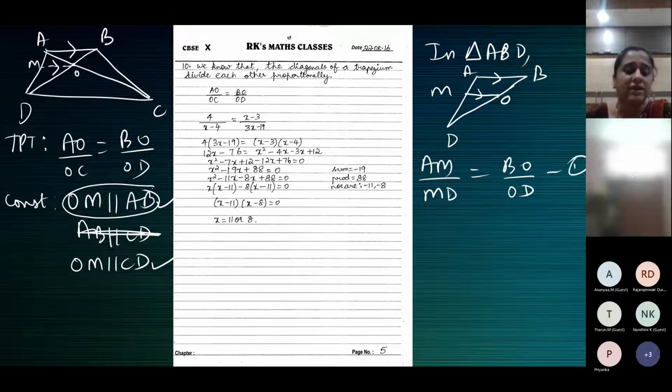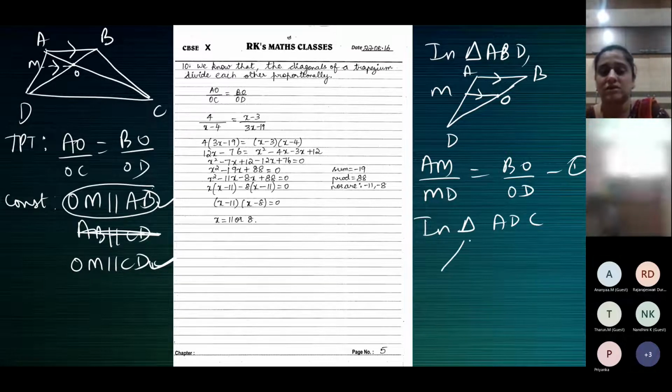Now take a triangle which has OM parallel to CD. If you look at the figure, in triangle ADC, you have M here and on AC you have O here. OM is parallel to DC.